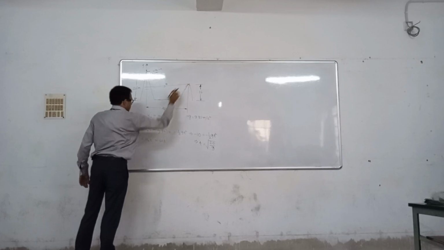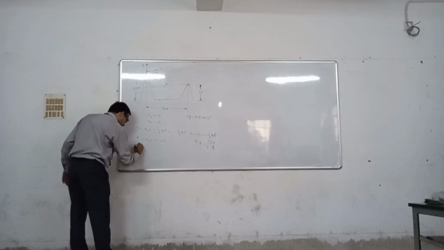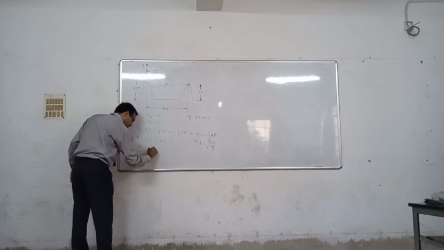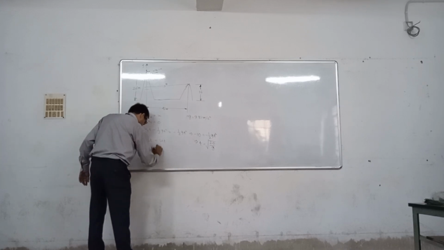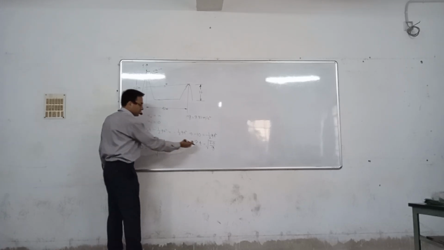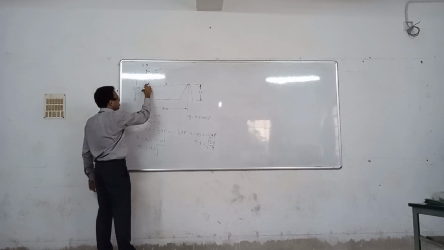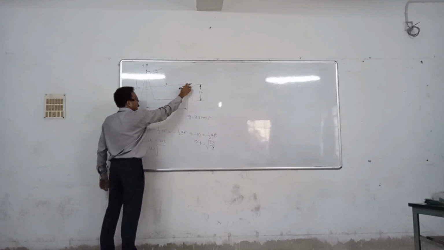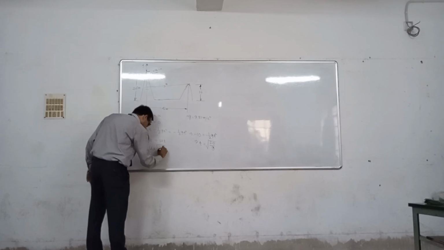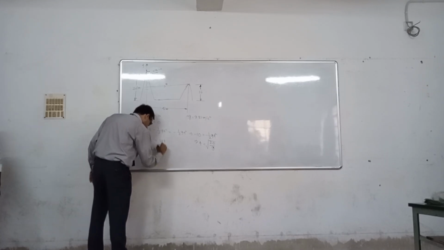And therefore, what is x? x is this much, 40. So in this equation, I can write 40 is equal to u into t, with t being this much, because these two happen simultaneously. That means during this time it falls 10 meters and it travels 40 meters, so t is common, t is root 20 by g.